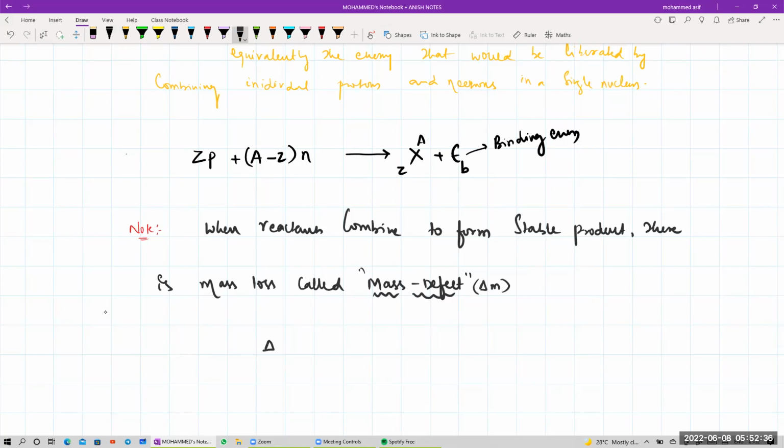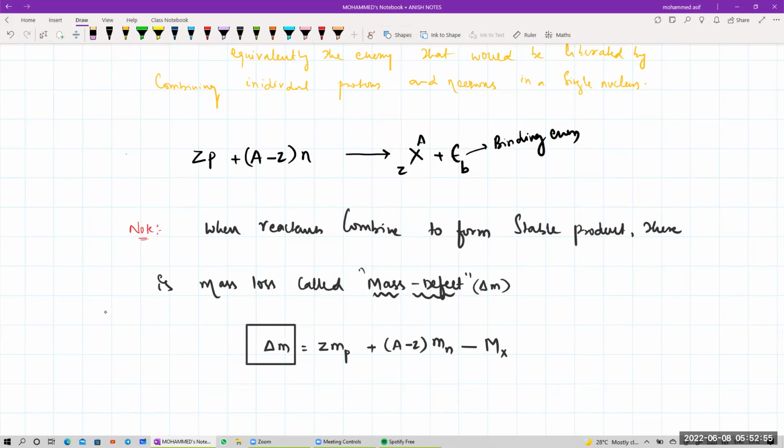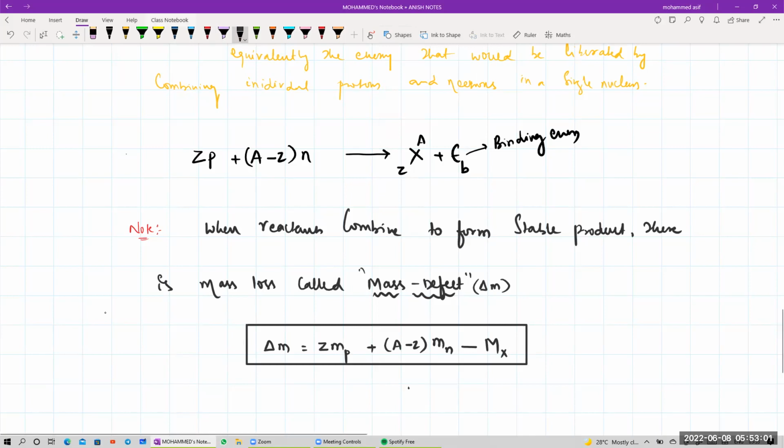So I can write here: mass defect is equal to the mass of protons plus the number of neutrons, A minus Z, into the mass of neutrons, minus the mass of the element that is formed.